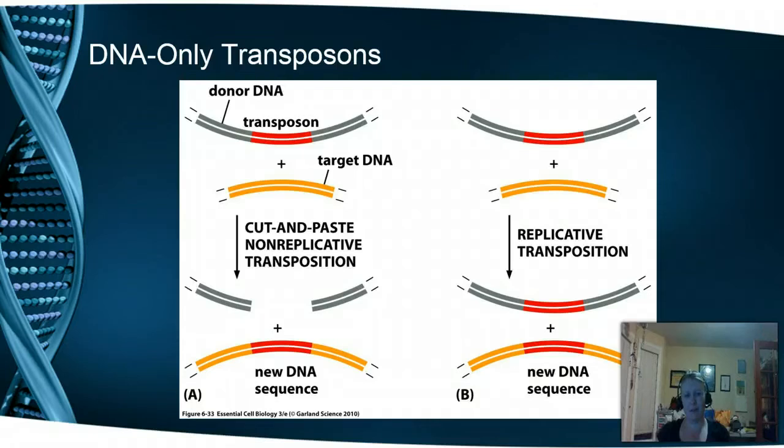Whereas replicative transposition is where the gene will copy itself and then insert the copy. So both the old and the new DNA now have that sequence of DNA. This is important because not only is losing this jumping gene a potential problem, but also where this jumping gene inserts itself.